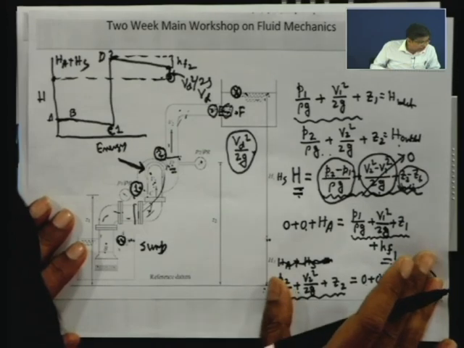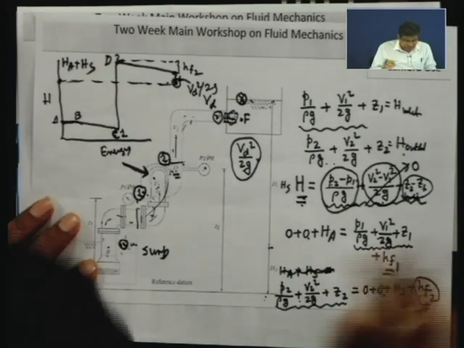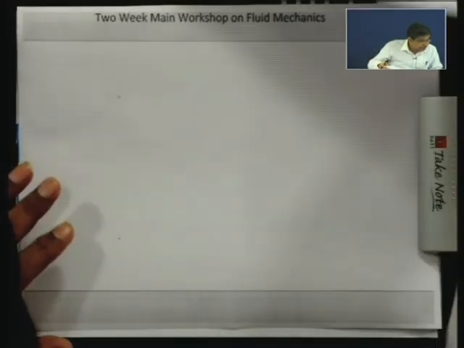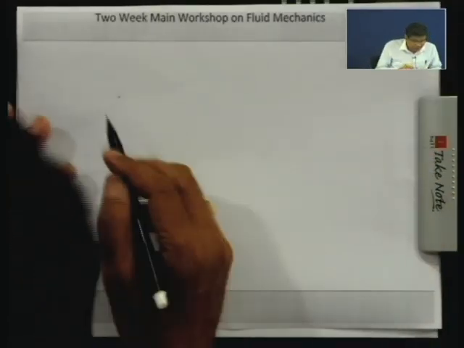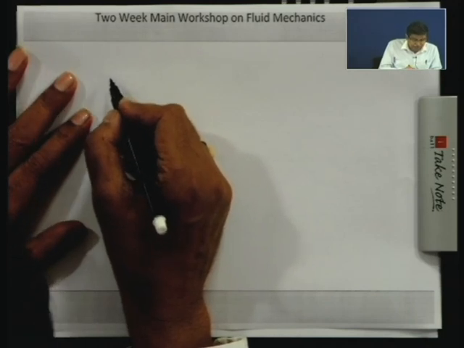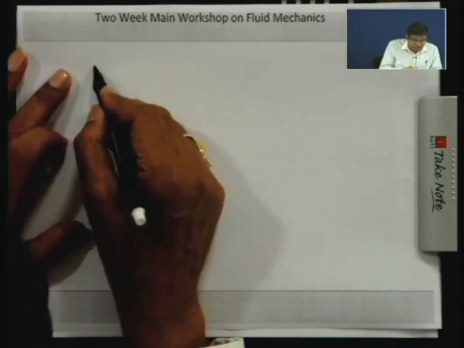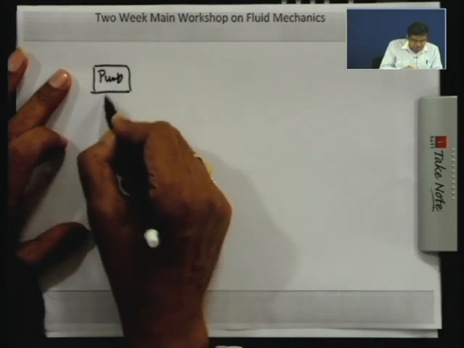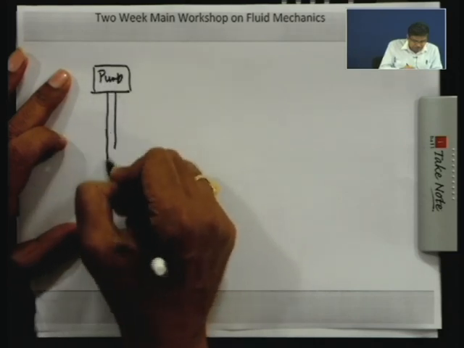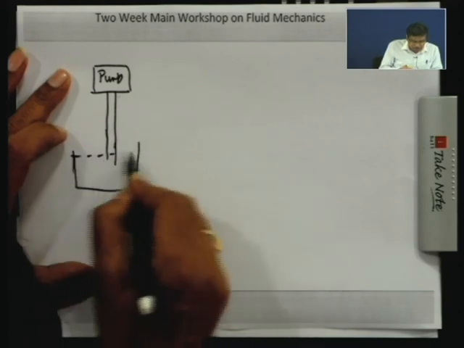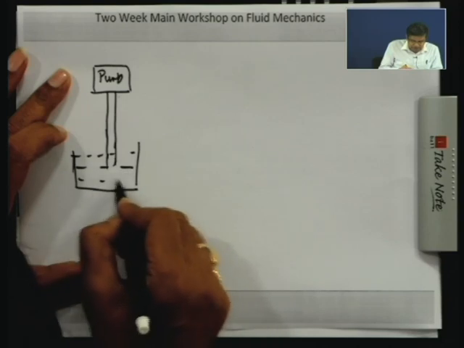Now, if we apply Bernoulli's equation between these 2 points, we will see that this is the cavitation. Let us consider a simple schematic diagram, where the pump is taking water. This is known as the sump.